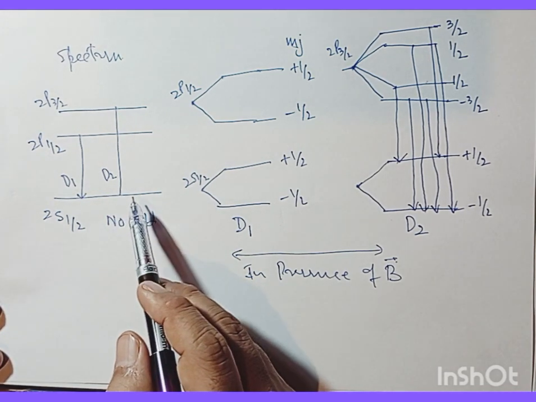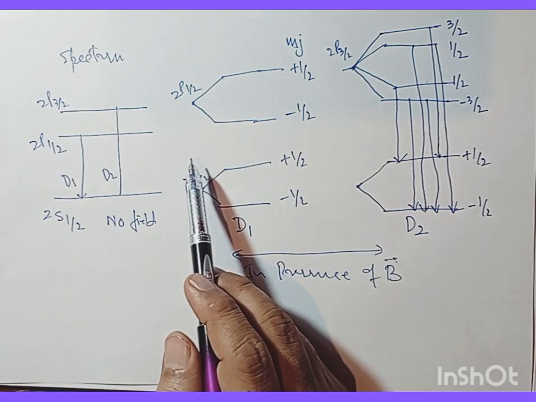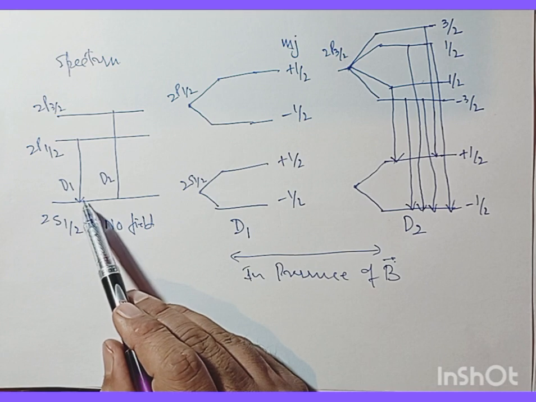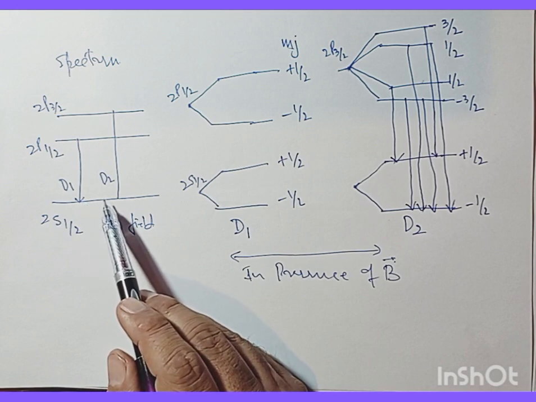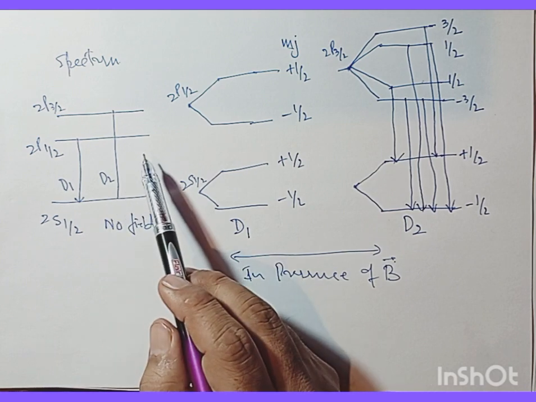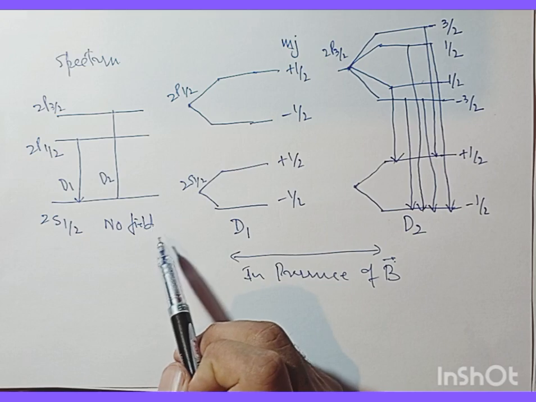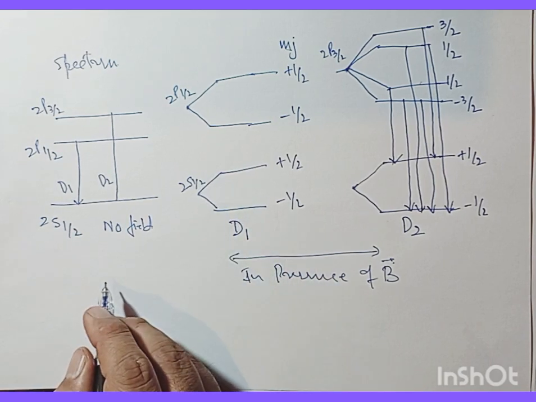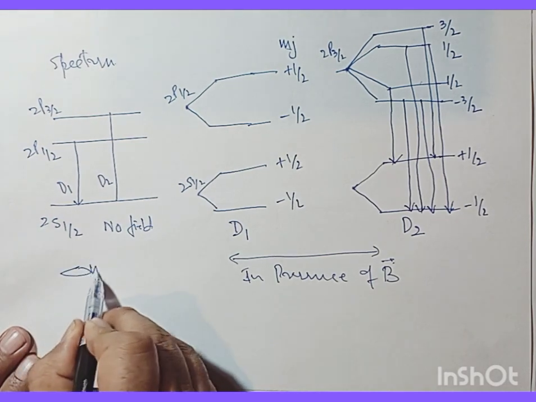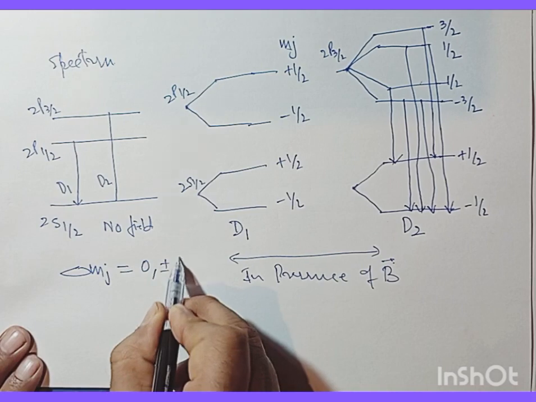When we apply the magnetic field, since the D1 line is obtained from the transition from 2p 1 by 2 to 2s 1 by 2, according to the selection rule, delta mj is 0 and plus minus 1.